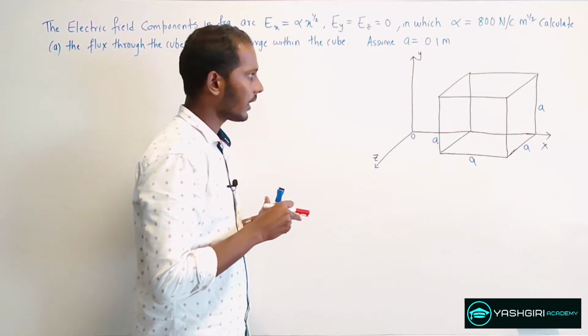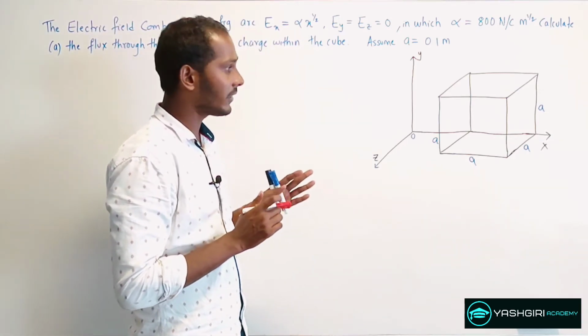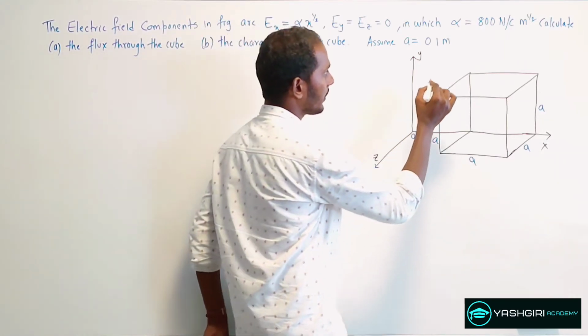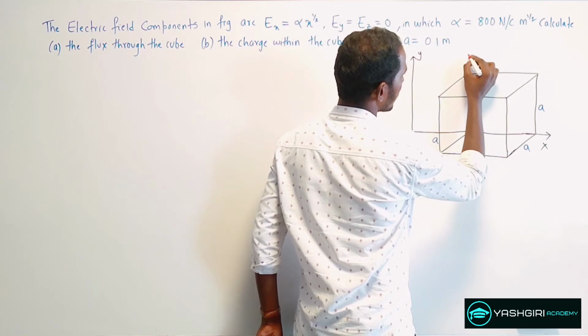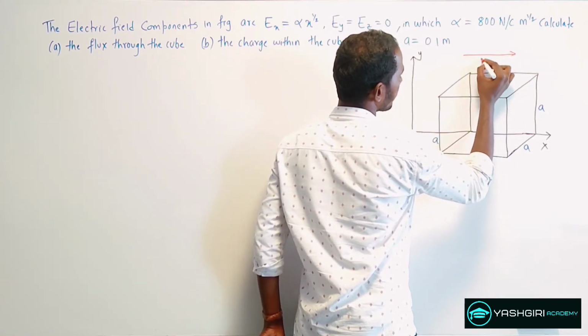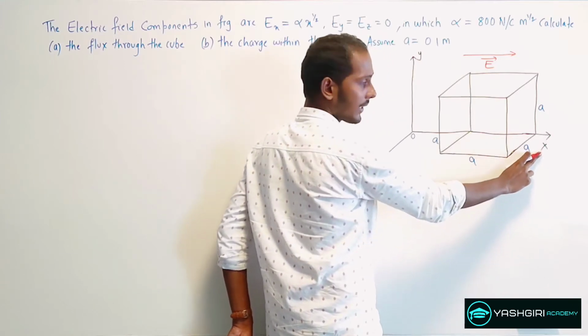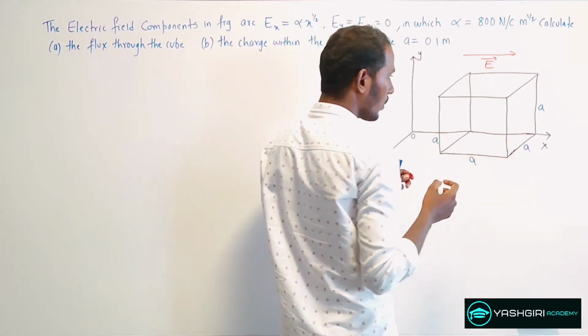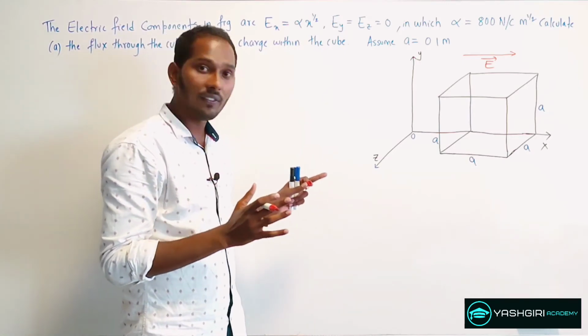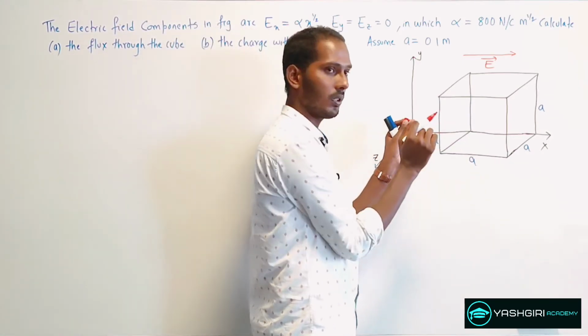Here the electric field that is given to us is along the x direction. So let me just show the electric field. This is the direction of the electric field, which is pointing in the positive x direction. All right. Now we need to calculate the total flux through this cube.